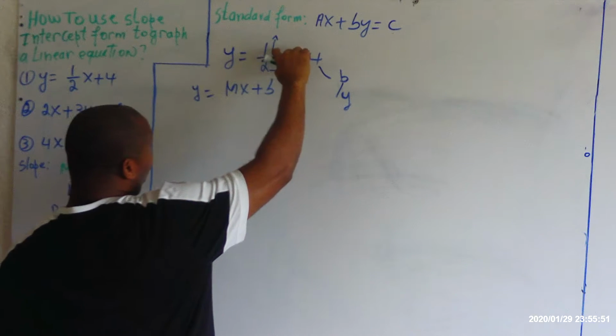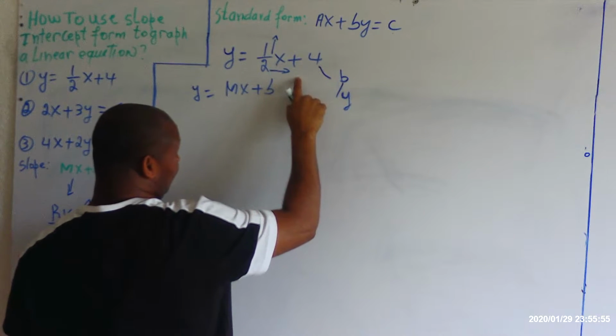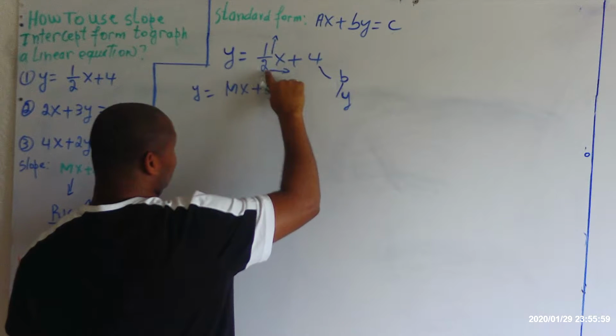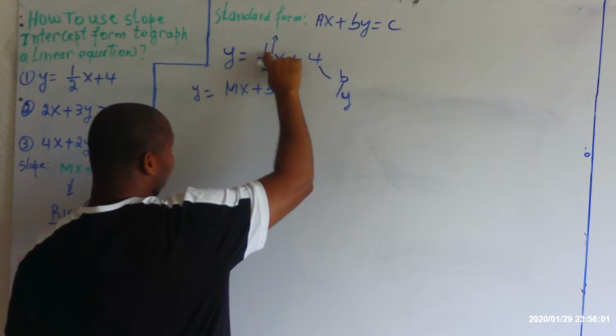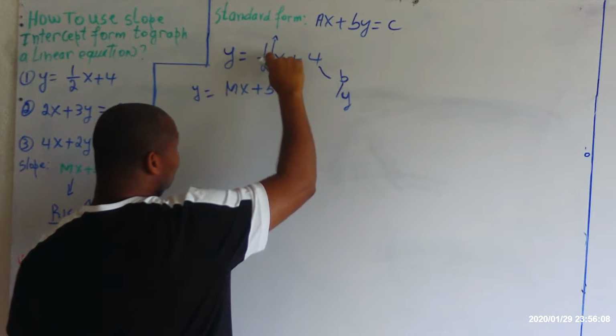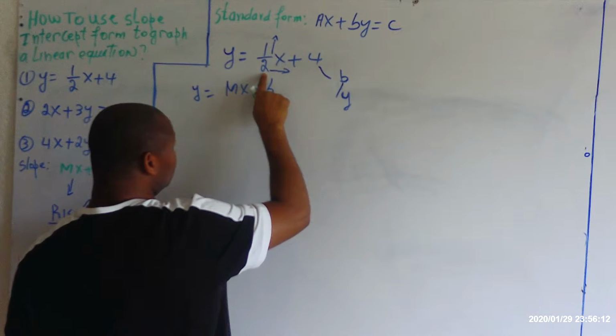So 1 unit up and 2 units right, because this is positive. When it's positive, I told you it's going to go up. If it was negative, it would be down, but it's positive, so it's going up. 2 always goes to the right.